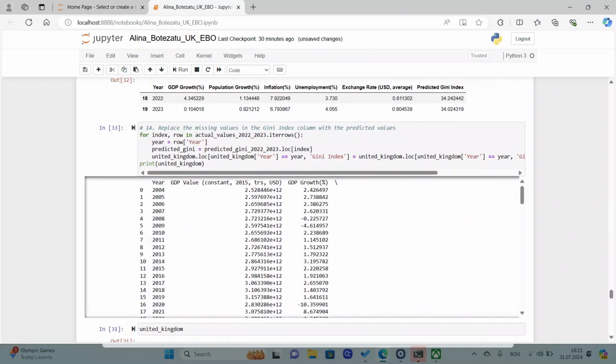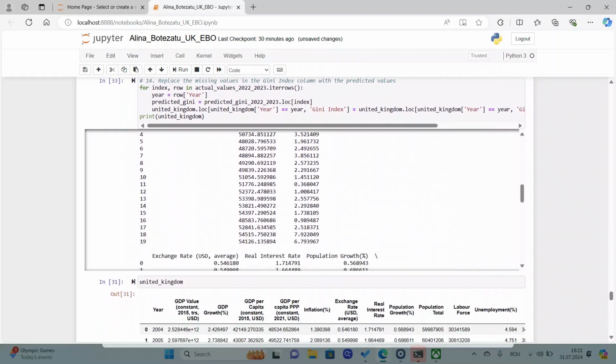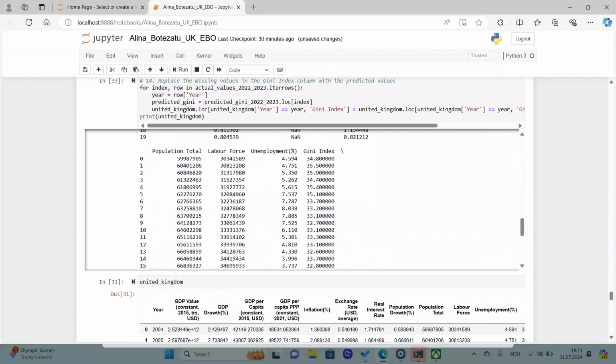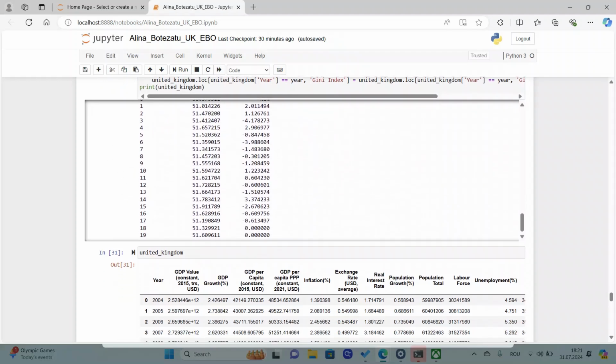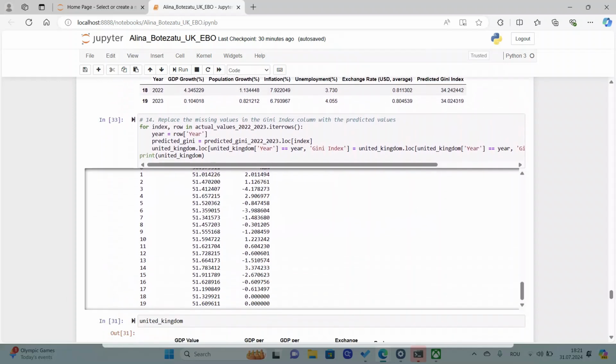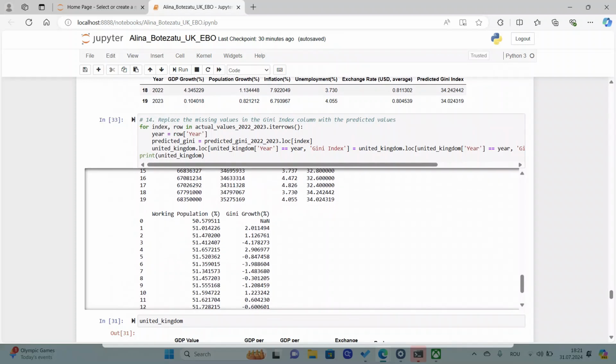Here, I basically printed the data frame again, and here it shows the new Gini index. Basically, there hasn't been much difference between these 2 years when I calculated.